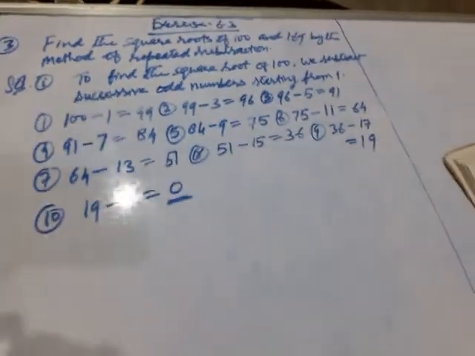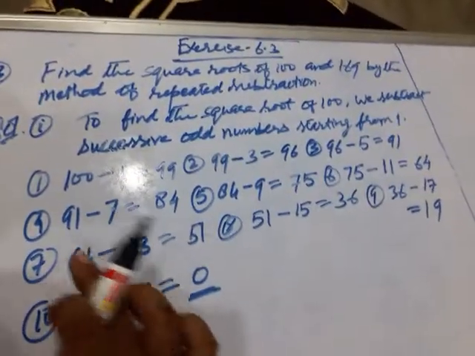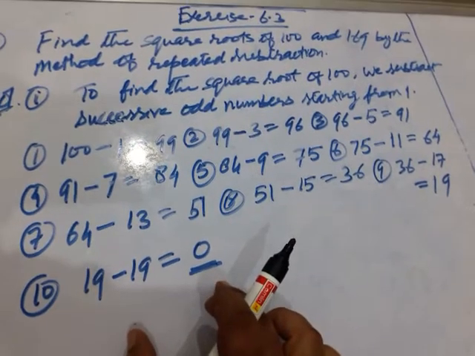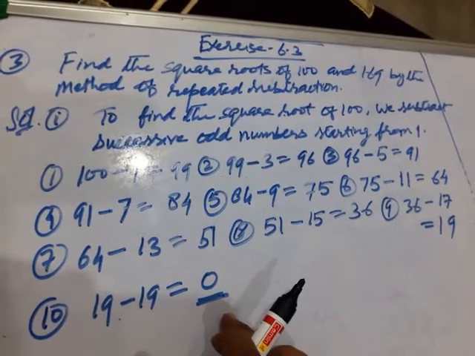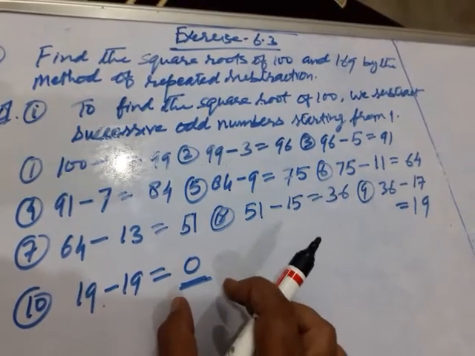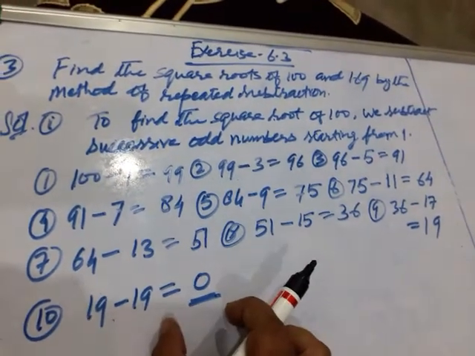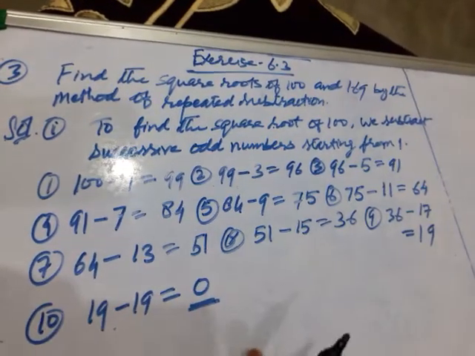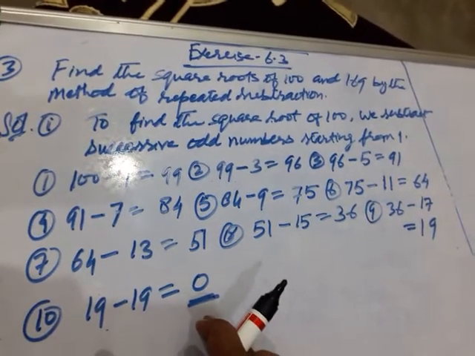Children, now 100 has been reduced to 0 after successive subtraction of odd numbers from it. Clear? Now count the number of steps taken to reduce 100 to 0.